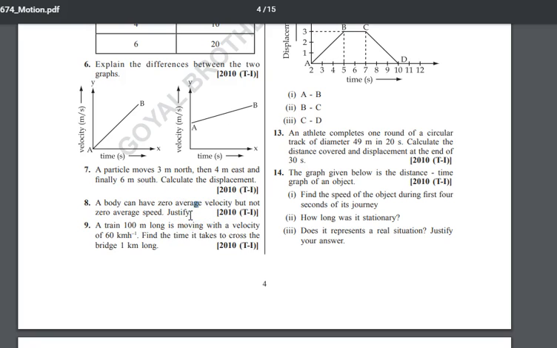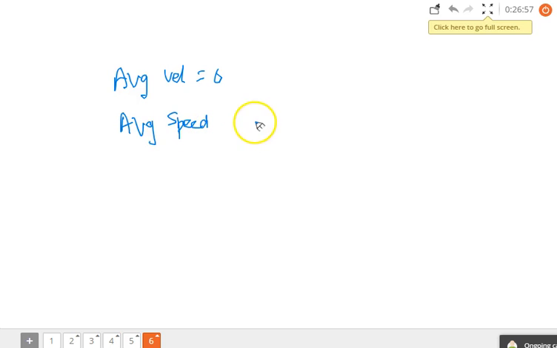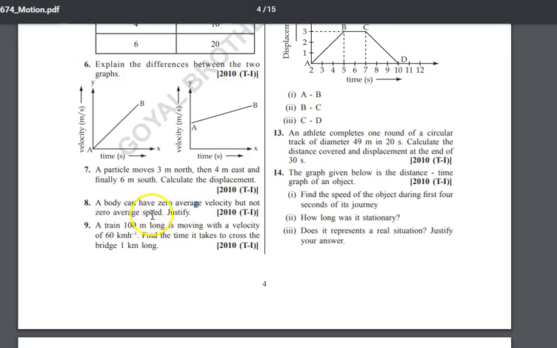Average velocity is 0, but average speed will not be zero. Average speed is there, but zero average velocity.